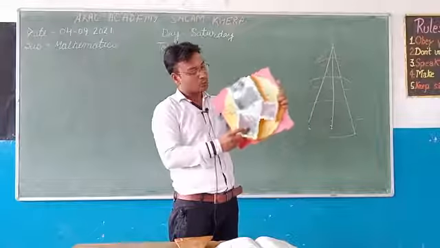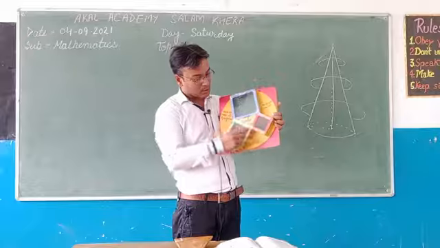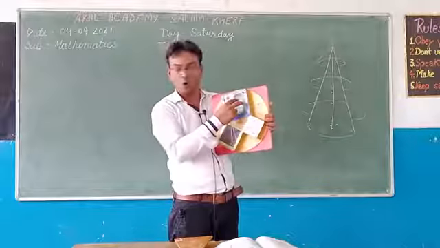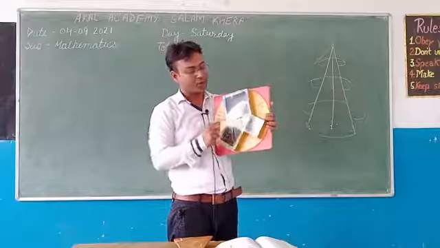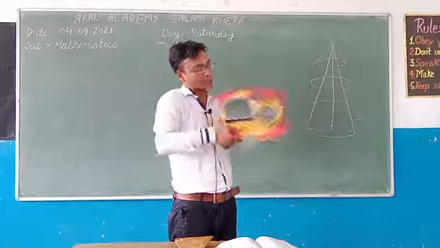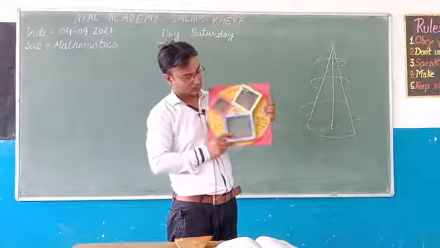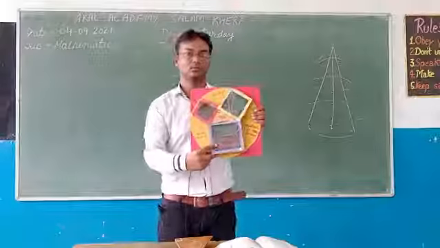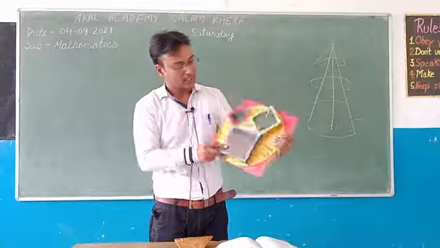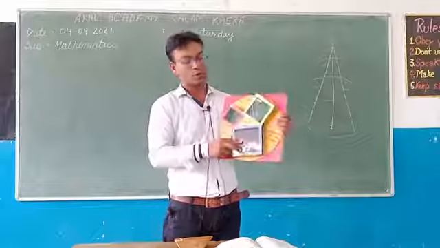How can we prove this? Students, in these two square boxes you can see mustard seeds, and this box is empty. When you pour these seeds into this box, it will cover the space of this largest box.